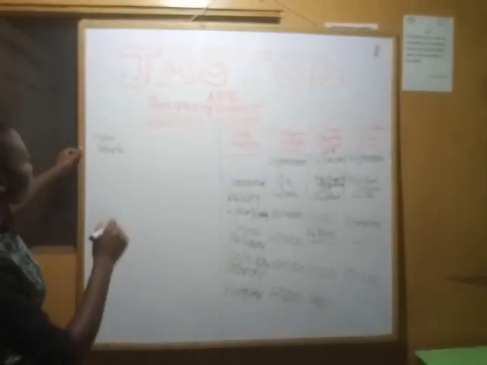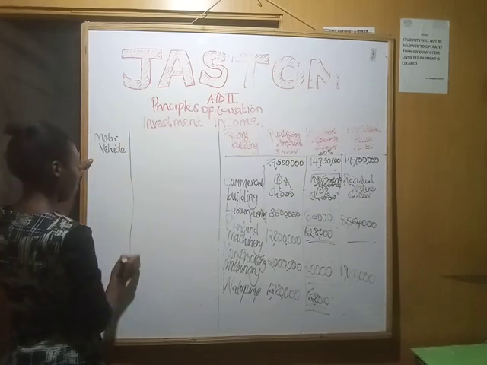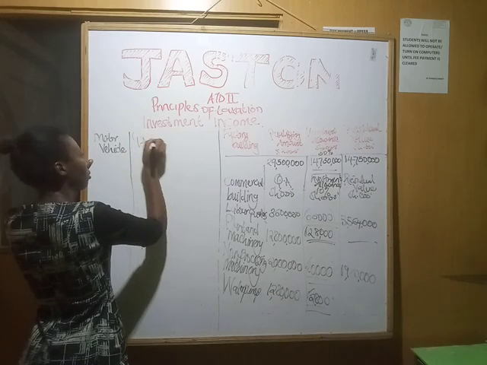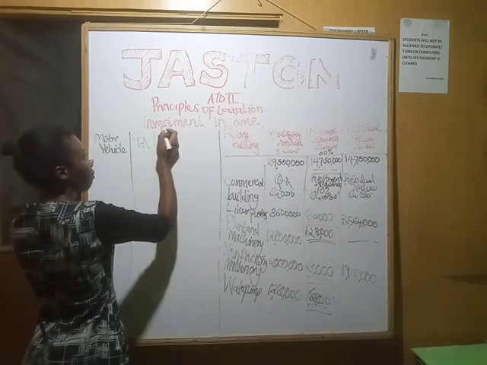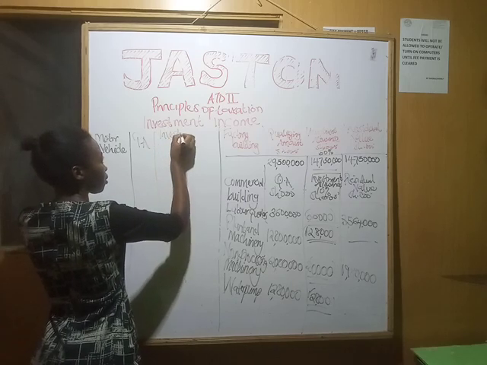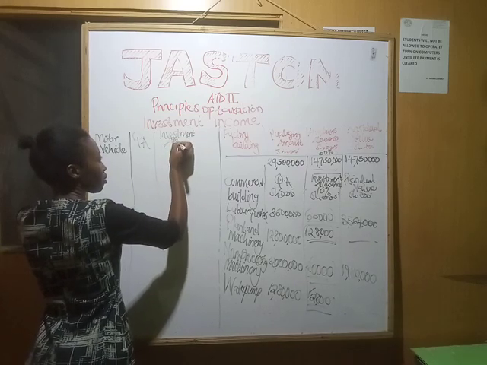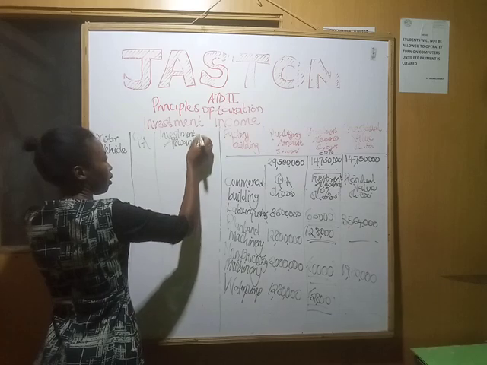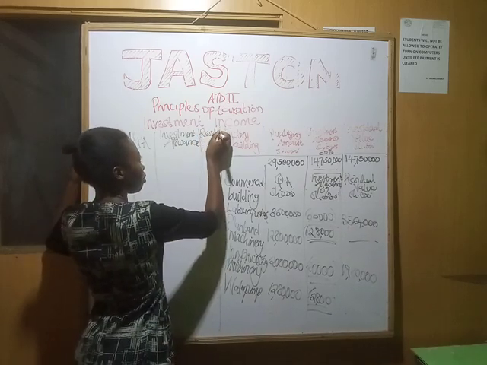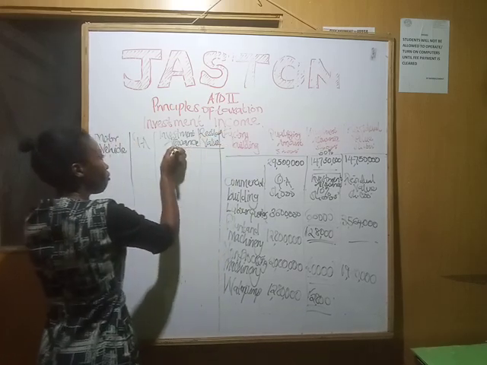We have the qualifying amount, we have the investment allowance, then we have our residual value.